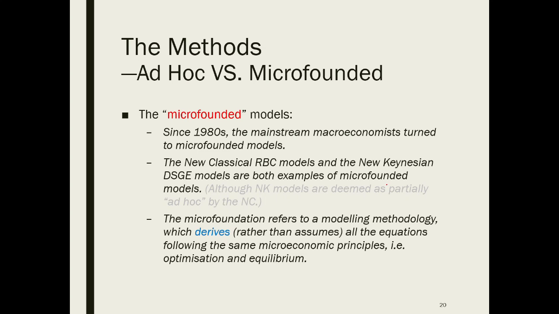The two prevailing schools are both called new because they are microfounded in the sense that all macroeconomic relationships are consistently derived from two micro foundations. The first one is optimization and the second one is equilibrium. The first principle, optimization, is about how individuals make decisions, and the second principle, equilibrium, is about how individuals interact.